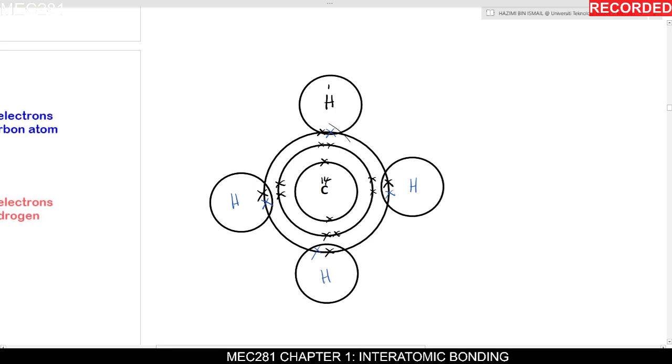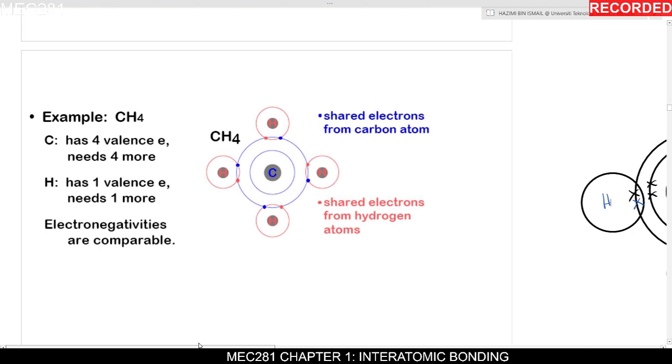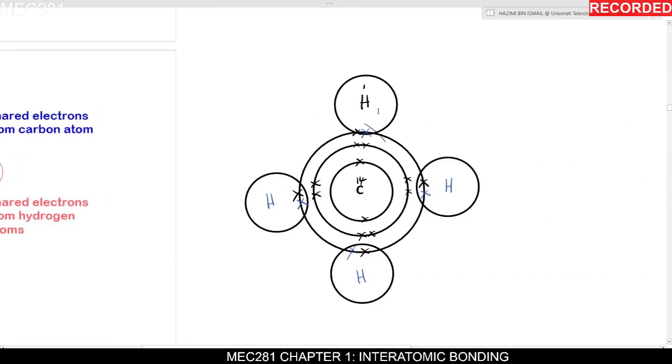So this bonding we call a covalent bond. Now how do we write the chemical formula? We have one atom C and 4 hydrogen, so we put H4. That's what we call CH4, methane or natural gas.